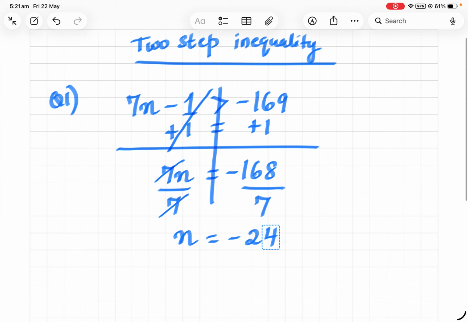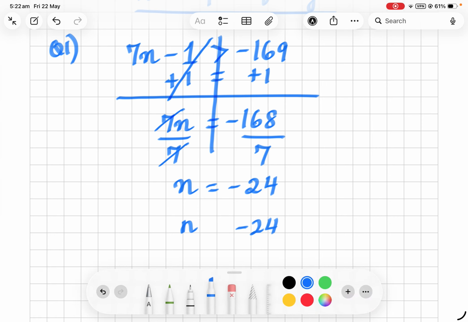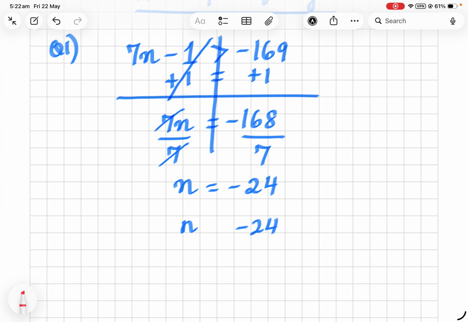Now, sometimes we are not done here yet. There are two things I want to point out. One, you need to put the symbol back. But sometimes you might be confused about this negative sign right here. I'm going to change my color so you can figure this out.